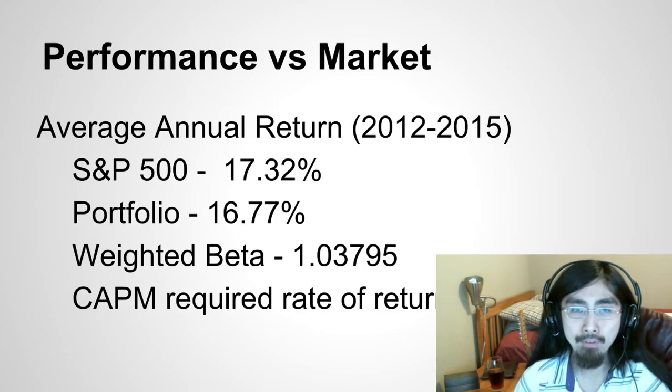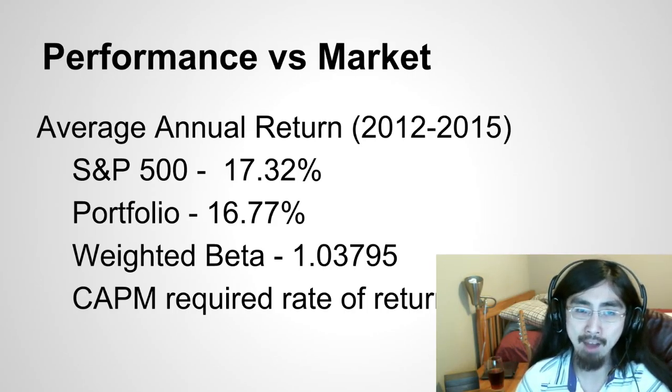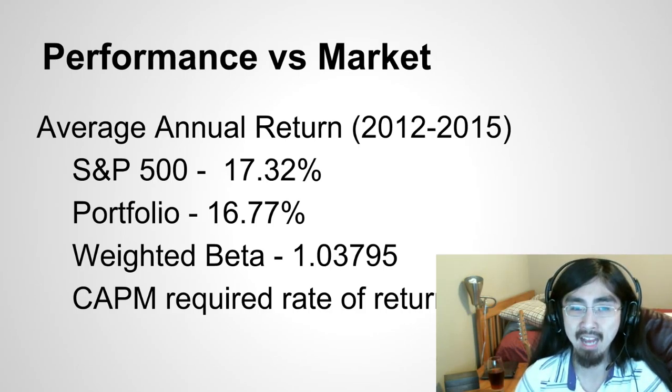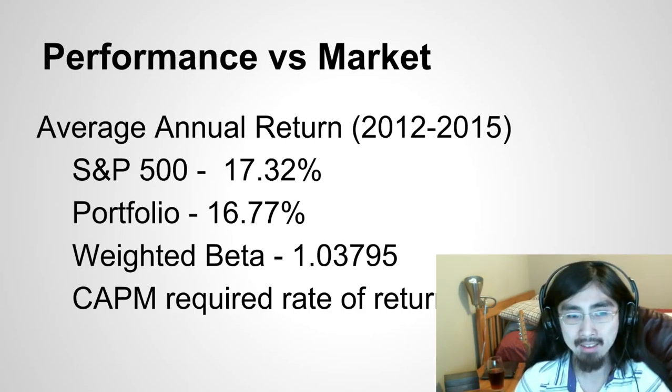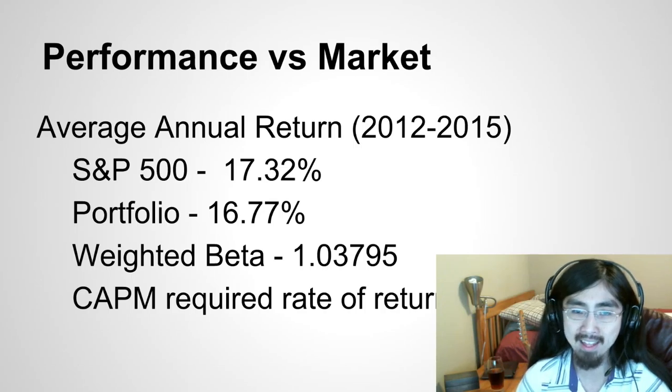So the S&P 500 averaged a 17.32% average annual return and our portfolio averaged 16.77% annual return. So already we can see our portfolio is averaging less return than the market.